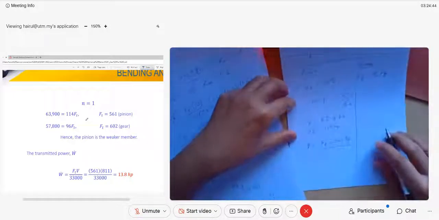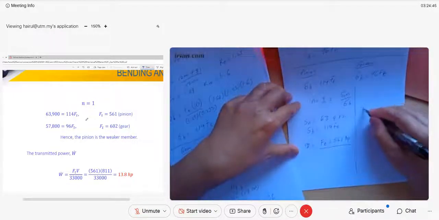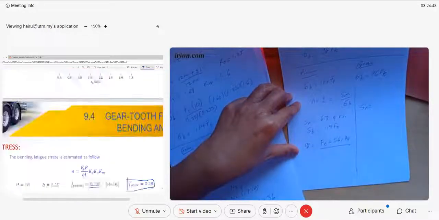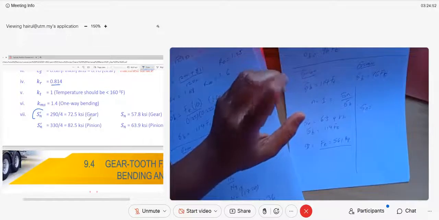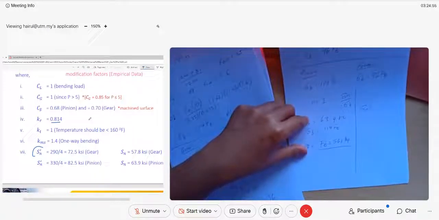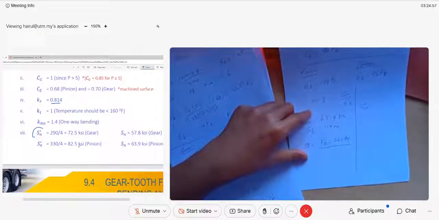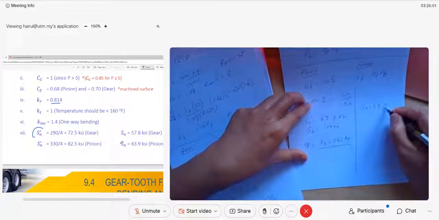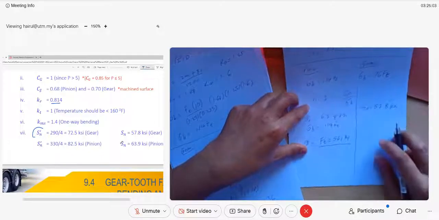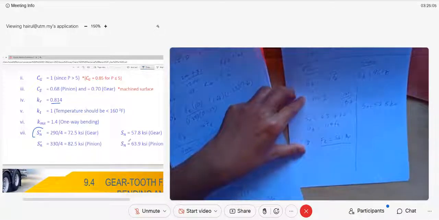For the gear, SN for the gear was already calculated. Because the gear is a different material, remember, our SN prime 2 will be different. So SN for the gear is 57.8 KSI. KSI is times 1000 PSI.